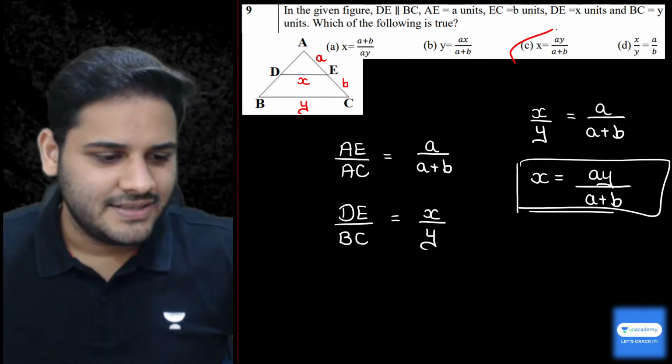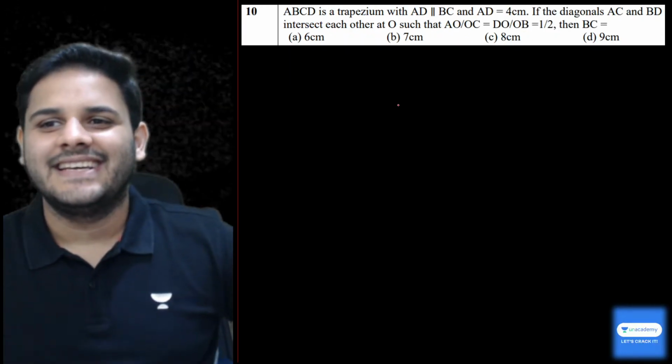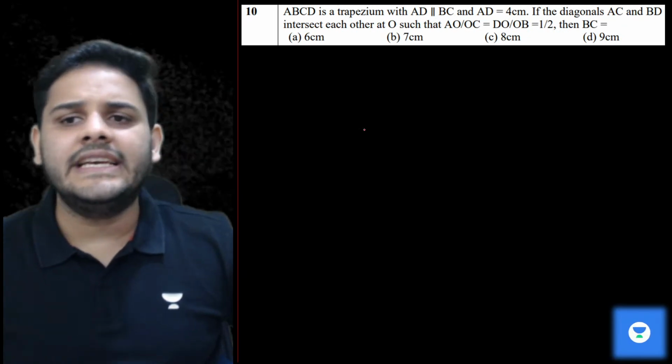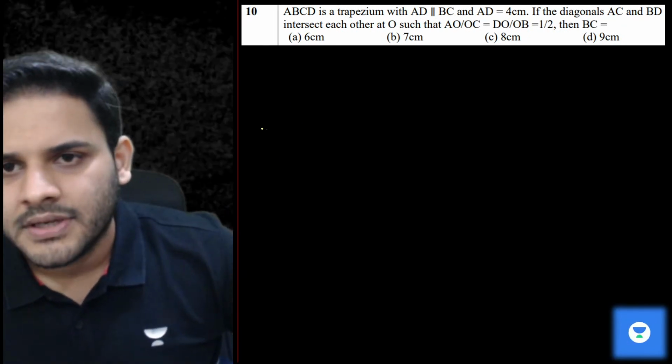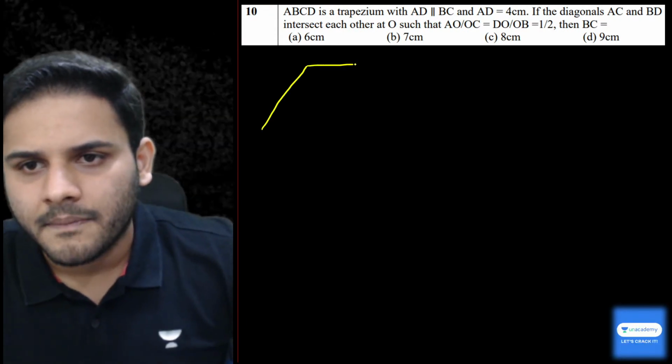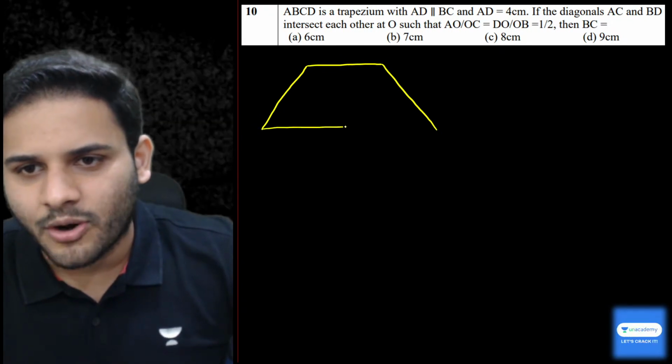Okay? Chalo. Alright, the next one on your screens. People, they have given you ABCD is a trapezium. Let us quickly draw a trapezium. Just ignore the drawing.